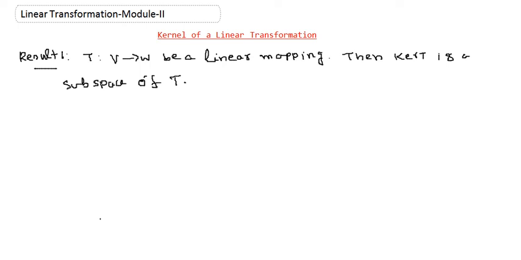So here is a very beautiful result. We have another very good result.